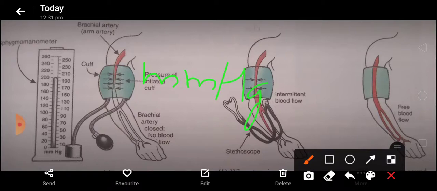In a healthy person the normal blood pressure value is 120 upon 80 mm Hg. mm क्या है, millimeter, and Hg is mercury. So it is written here 120 is the systolic pressure and 80 is the diastolic pressure. It is for a normal and healthy person.